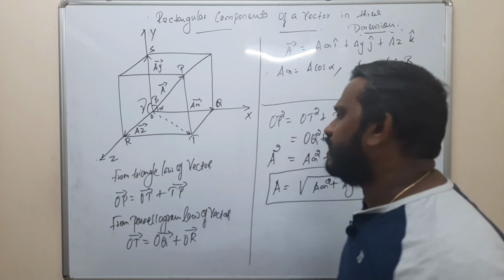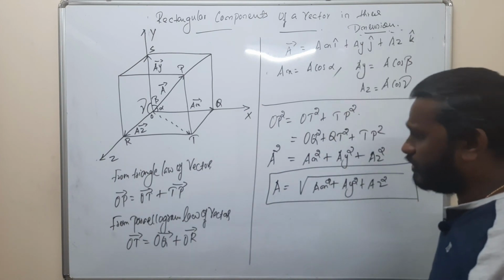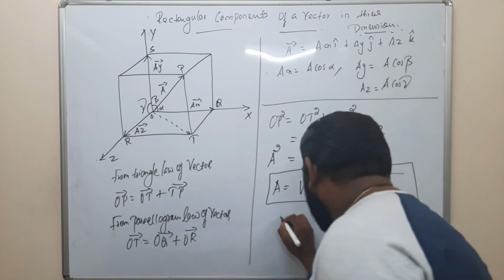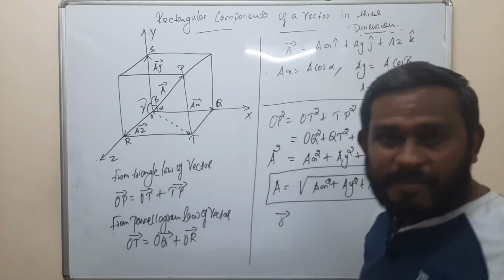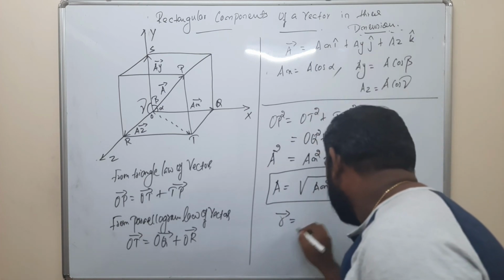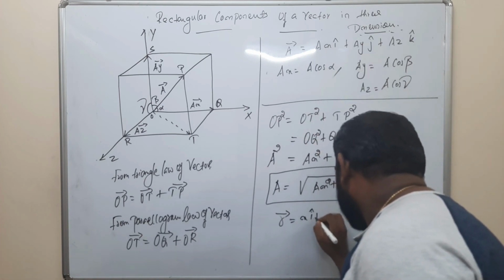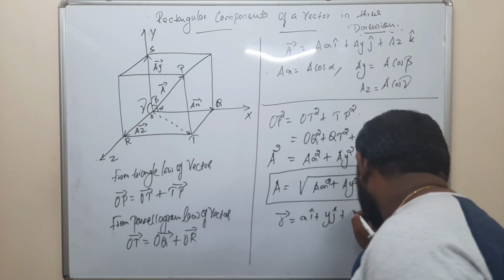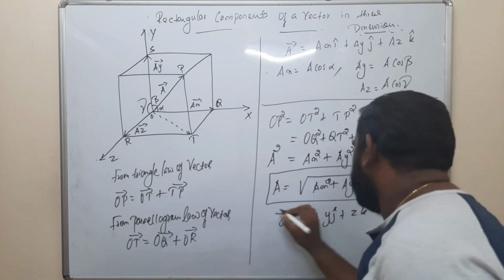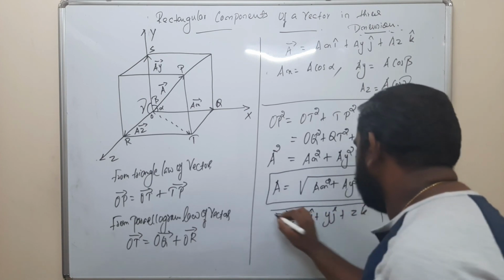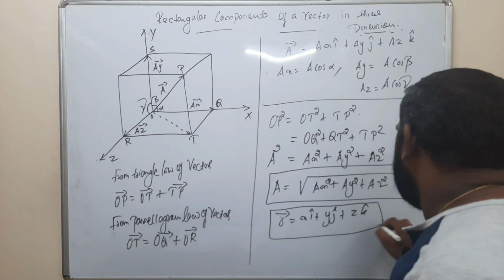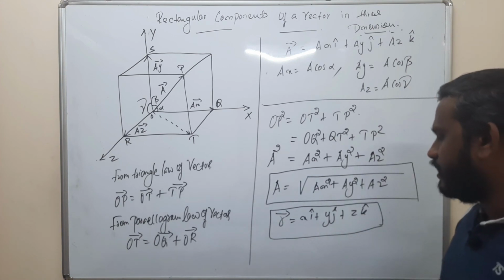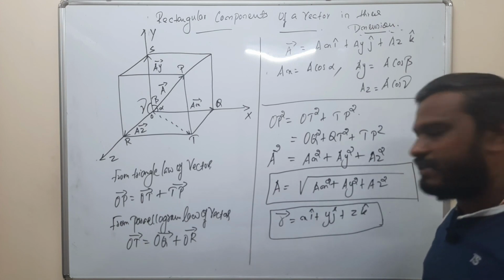Suppose R vector is a position vector in 3 dimensions. We can write R is equal to X i cap plus Y j cap plus Z k cap. So in the component form, R vector is equal to X i vector plus Y j vector plus Z k vector.